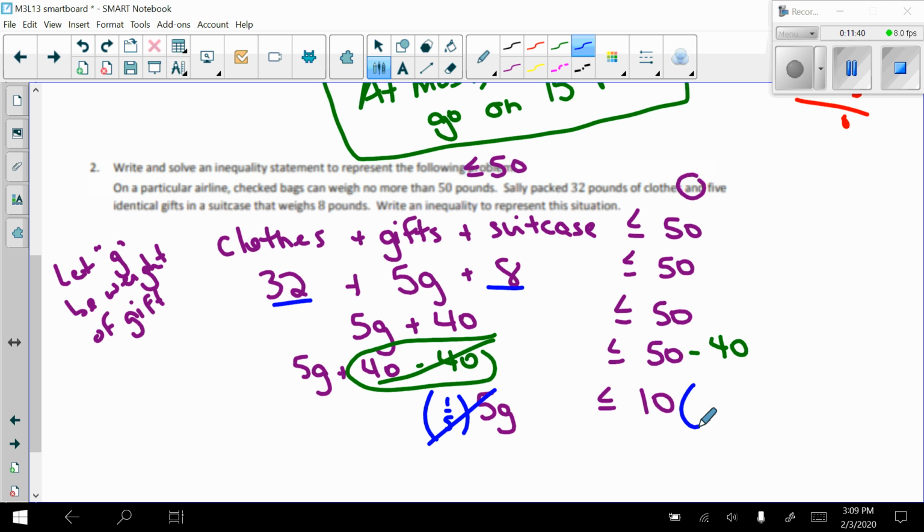I multiply by the reciprocal of the coefficient, and it's a positive coefficient. So is it preserved or reversed? It is preserved.